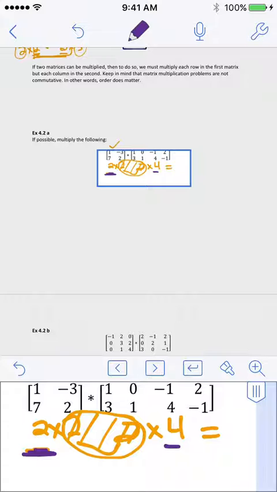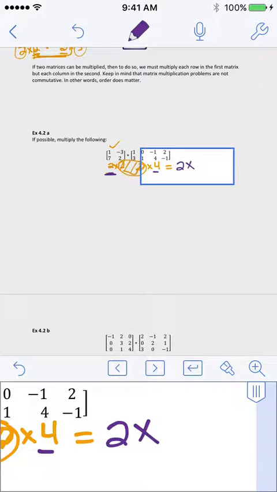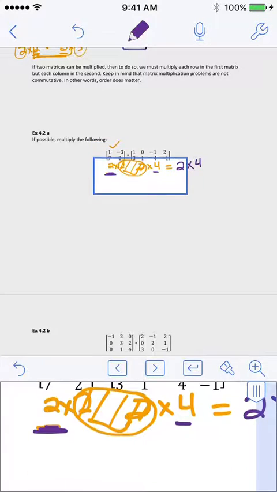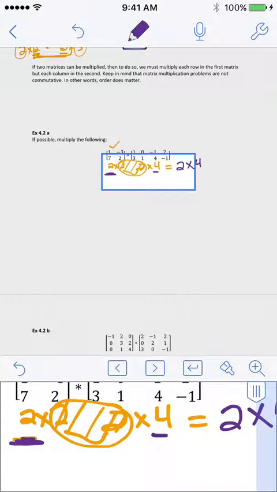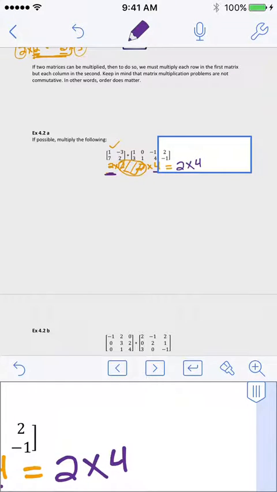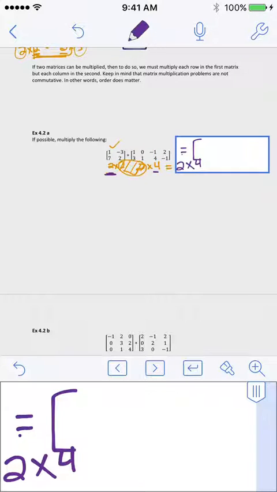So in this case, when I multiply those two on the inside, they squish together like an accordion, and then what's on the outside comes in, and I end up with a 2 by 4. When I finish multiplying this, you're going to see in a sec that it does in fact end up being a 2 by 4, but that's what the sizes tell me I'm going to end up with. A 2 by 2 times a 2 by 4 becomes a 2 by 4. So I can go ahead and draw a 2 by 4 over here.